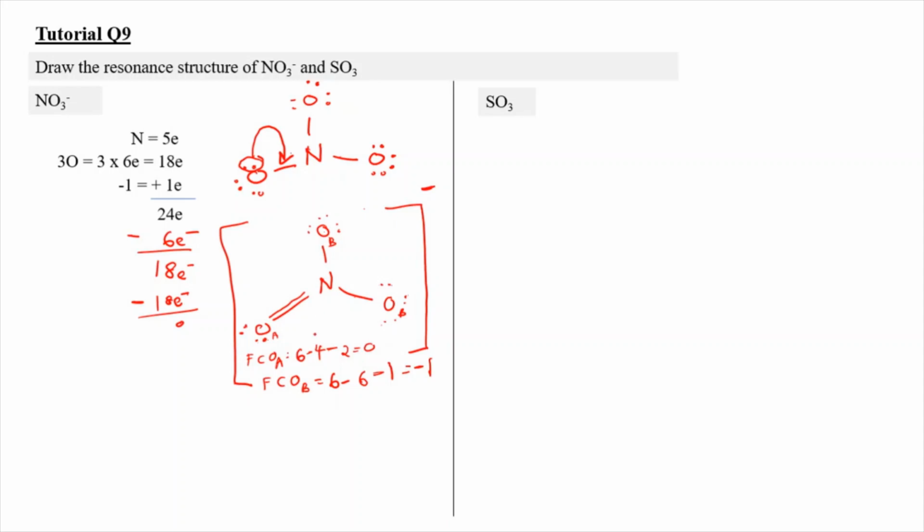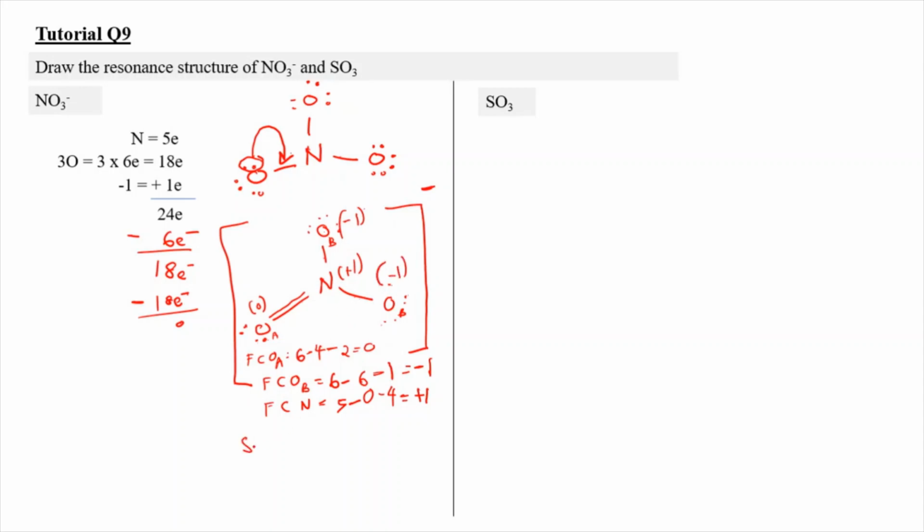And then for the formal charge of nitrogen, I'm going to get 5 valence electrons minus 0 lone pair minus 1, 2, 3, 4 bonding pairs. So I'm going to get plus 1. So the charge here is 0, here is plus 1, here is minus 1, and here is minus 1.